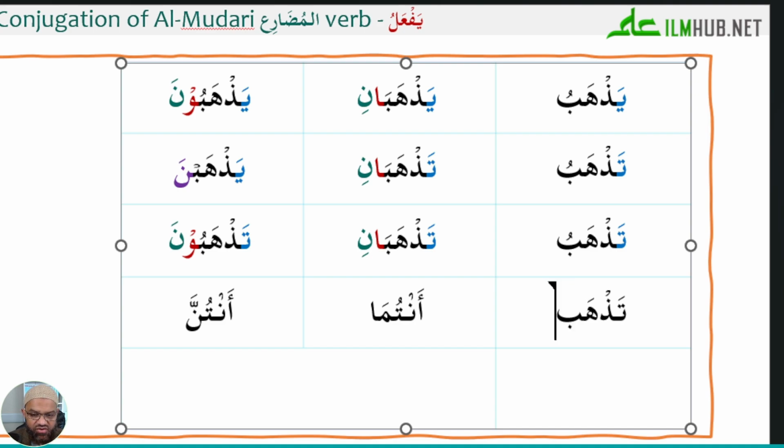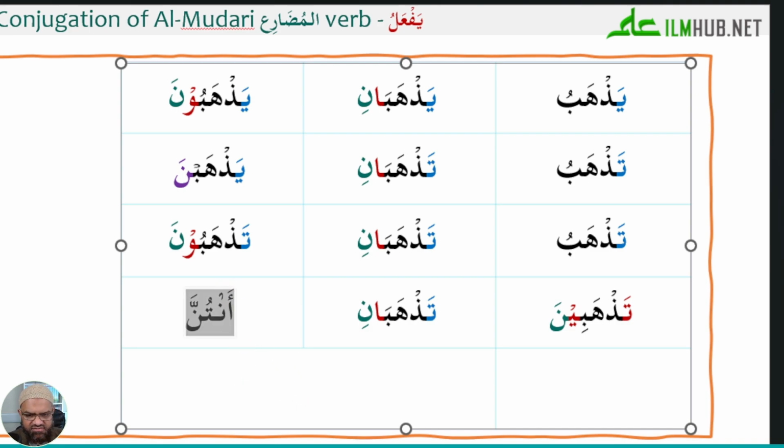And the third root letter takes a kasra, because the doer now is represented by the letter ya. So it's tadhhabina. Let's do our coloring system so they all stand out. Tadhhabina. And you'll be glad to know that the dual version of antuma is exactly the same as the masculine version for the feminine. So tadhhabani.